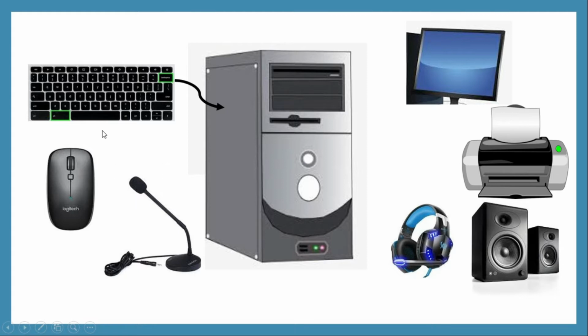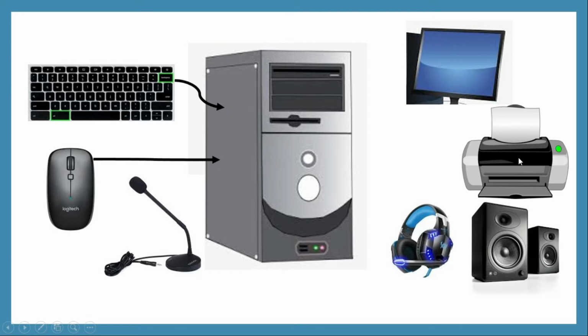Now we will see the mouse. If you draw by the mouse in the Paint program, what will happen? Your drawing will enter inside the computer case. After it enters, it will go out to the screen or printer.